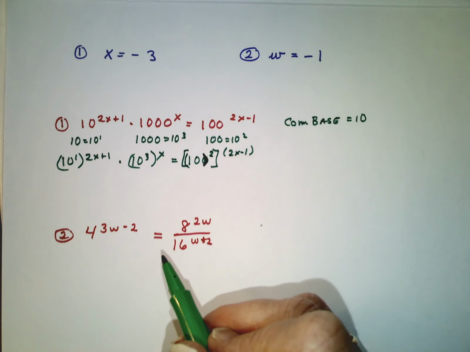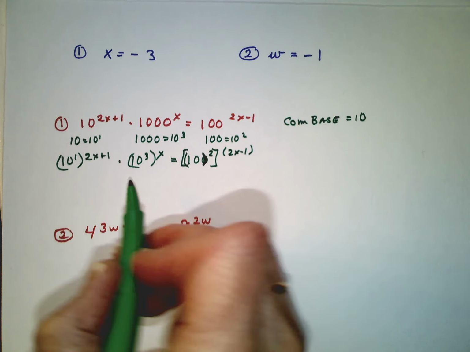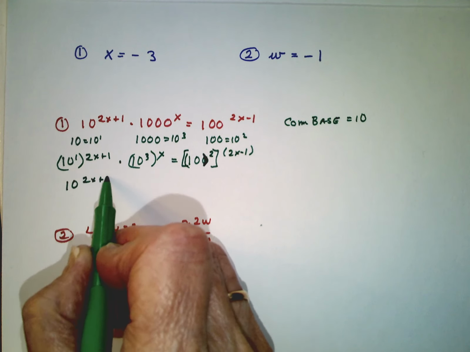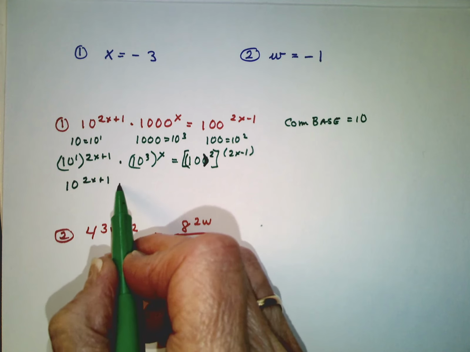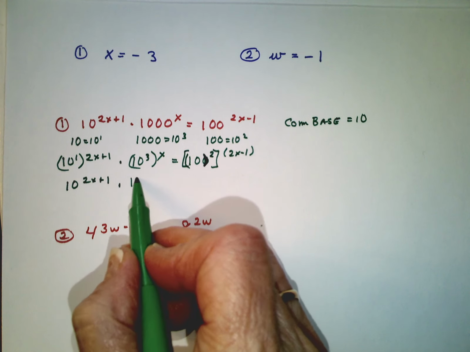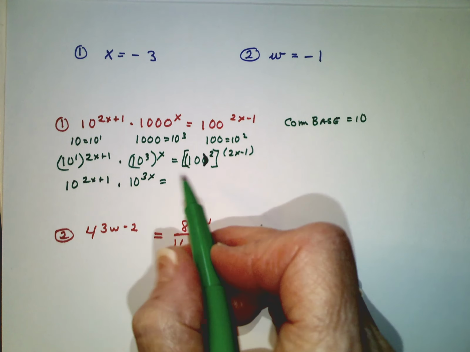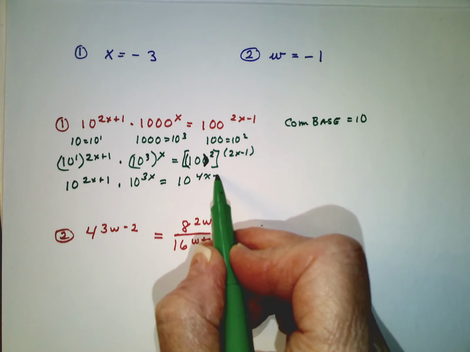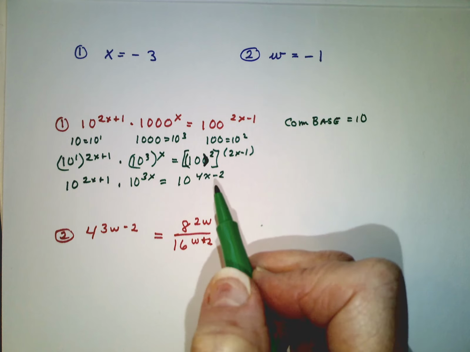Sorry about that mess there. So powers of powers, that would make this 10 to the 2x plus 1 multiplied times 10 to the 3x has to equal 10 to the 4x minus 2.